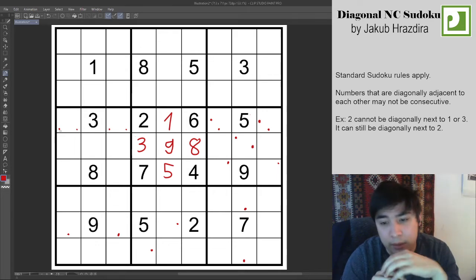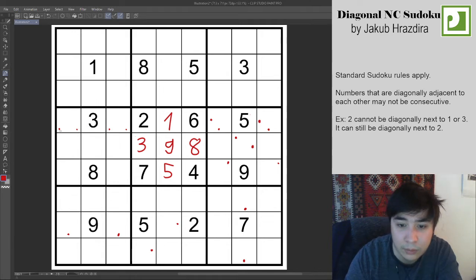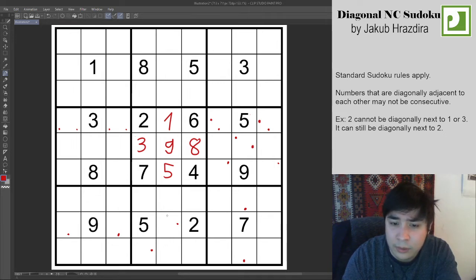I might be overcomplicating things. Let's see if we can actually get stuff in different boxes with these new numbers in the center. The 1 pointing up doesn't really give us that much. Not pointing down either. We already had a 2 which got rid of those 2 positions.